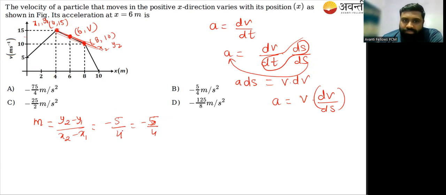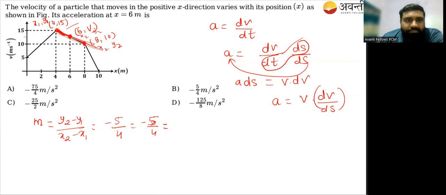So it is also verifying our statement. Now, if you take this line, the line between point (4, 15) and (6, v), this also has the same slope. So again, we can equate this minus 5 by 4 with the slope of this line. If this is x1, y1, we can consider this as x2, y2 again.